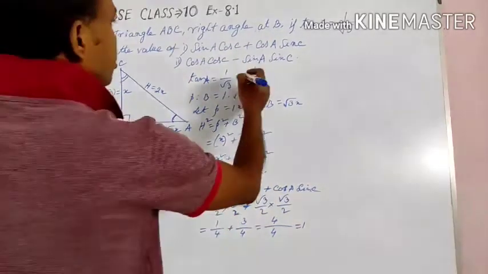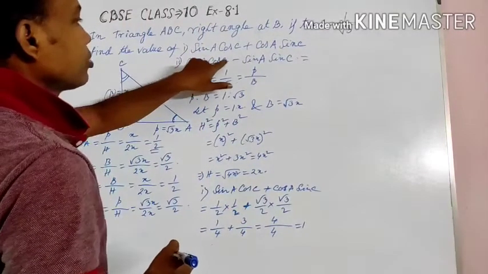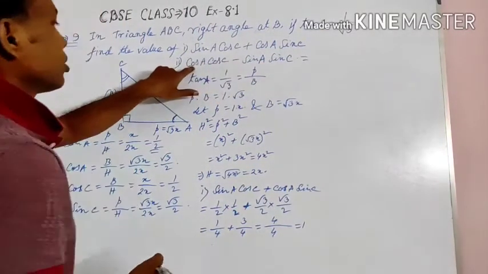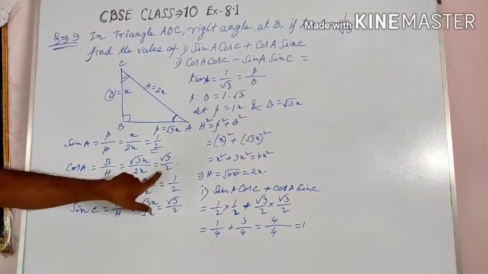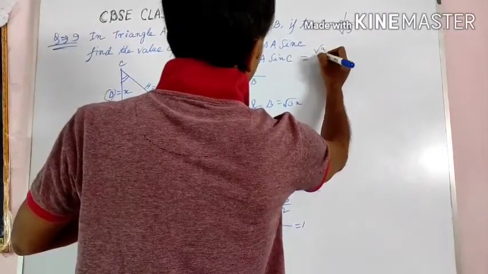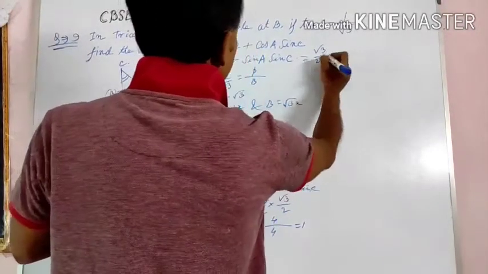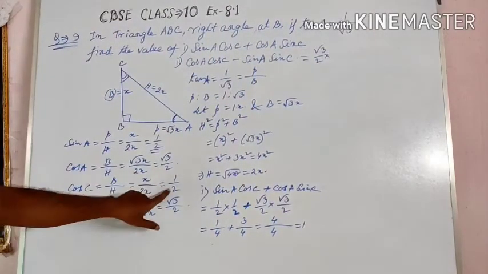Now the second problem: cos A cos C minus sin A sin C. Just put the values. Cos A is equal to root 3 by 2, into cos C, which is equal to half.